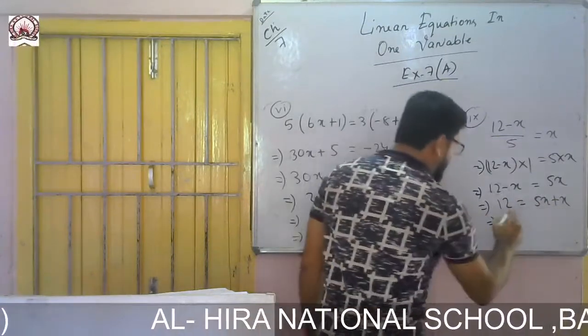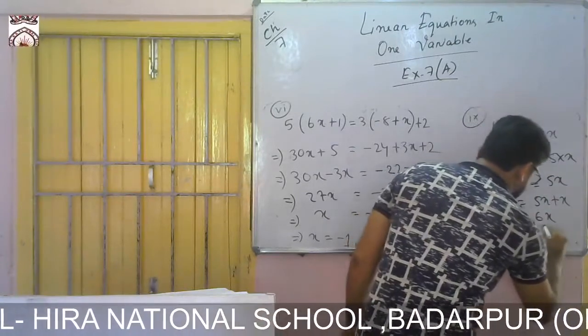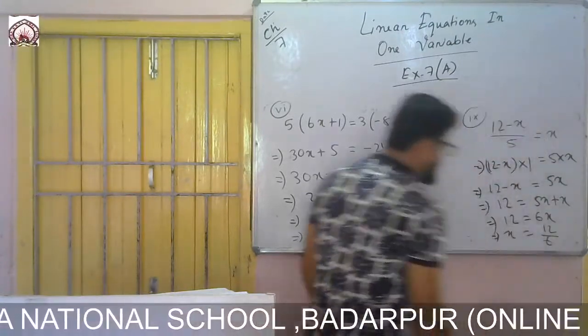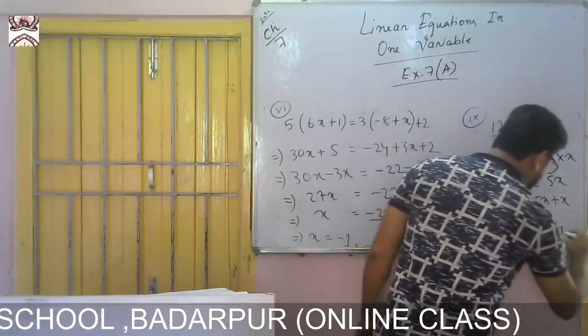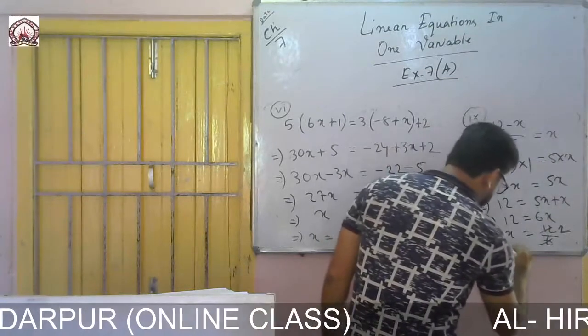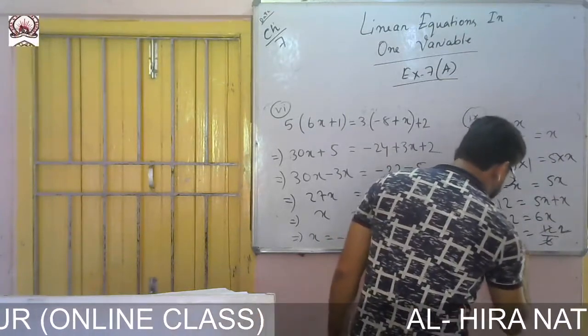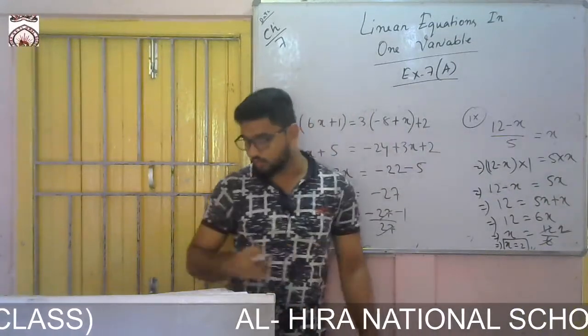Now 12 equals 6x. Then x equals 12 by 6. You cancel, it will come 2. Answer is 2. That means x equals 2.